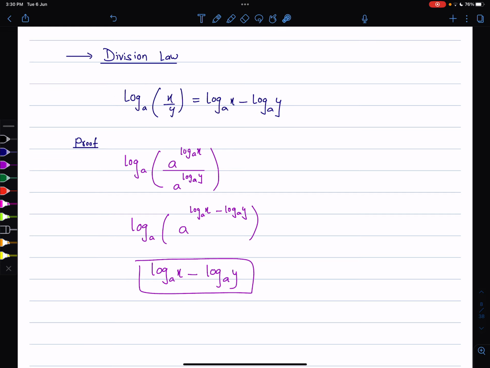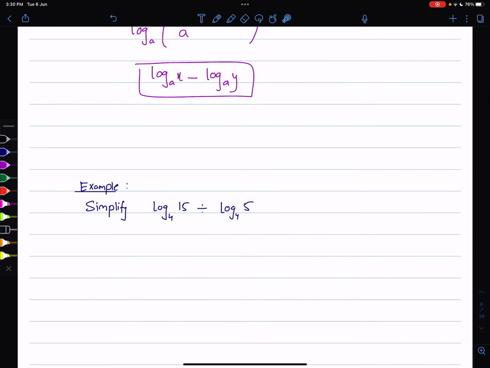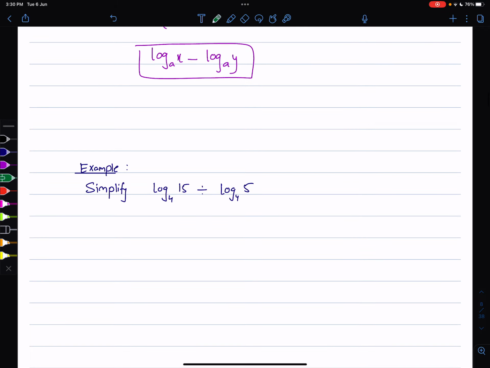Let's consider an example. Simplify log to the base 4 of 15 minus log to the base 4 of 5.